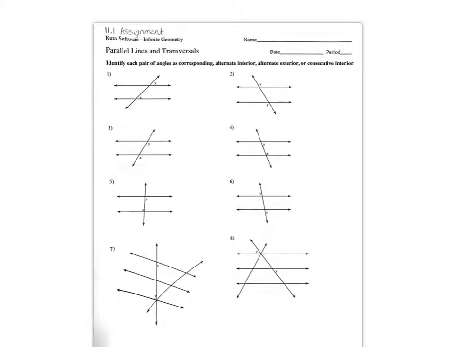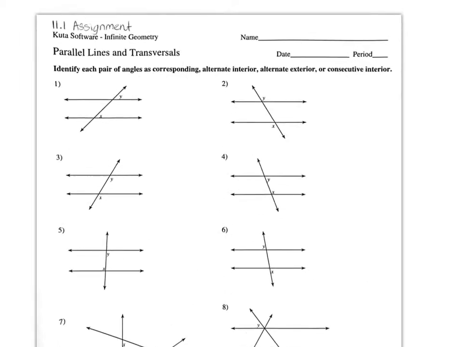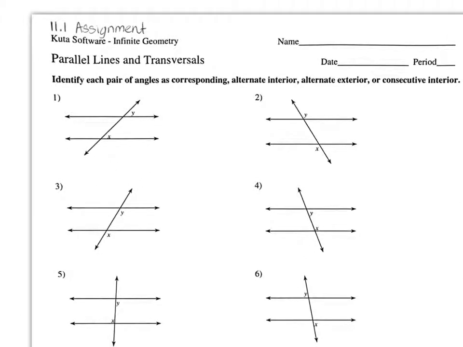We're going to identify each pair of angles as corresponding, alternate interior, alternate exterior, or consecutive interior. On number 1, it just picks out 2 angles for us. Here I have angle Y and then X. What's that relationship? Remember that in these 4 angles, this is the top right corner.